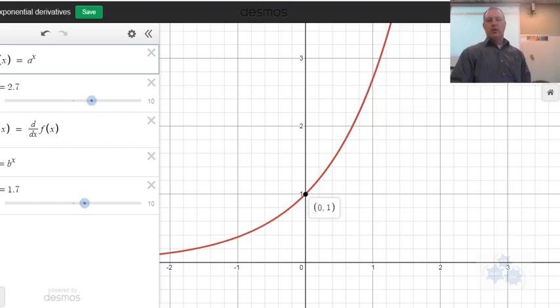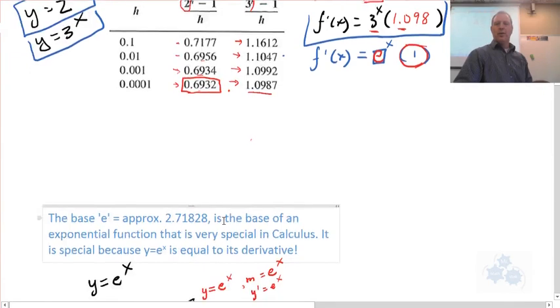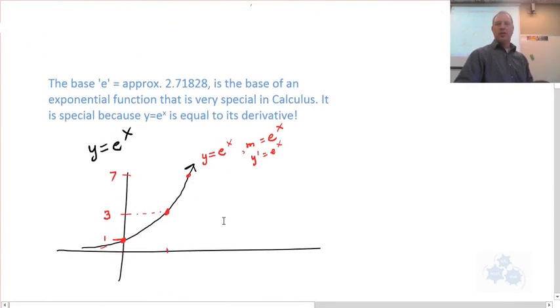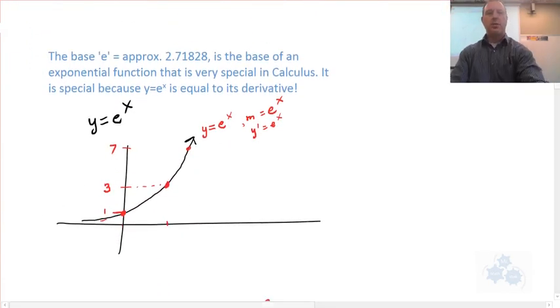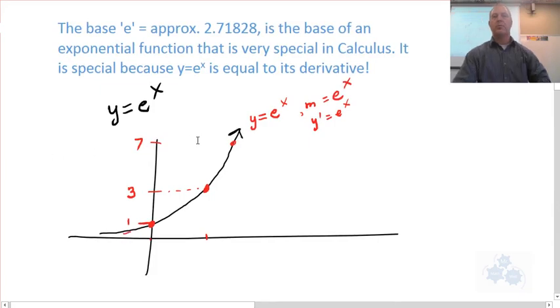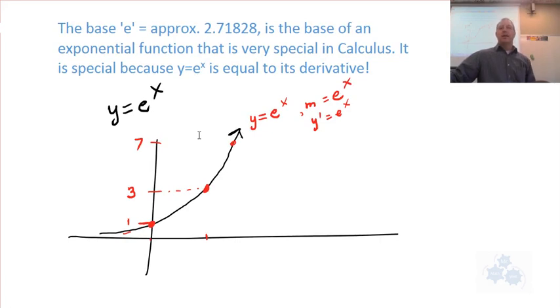Okay? So, back to our notes here. I've got this little explanation here. So this is a summary of just what we've kind of been trying to explain here. So the base e, and that is approximately 2.71828, and it's irrational, it keeps going on forever, but that's about what the decimal is, somewhere around there, is the base of an exponential function that's very special in calculus.